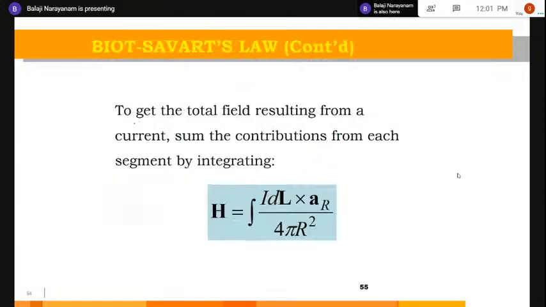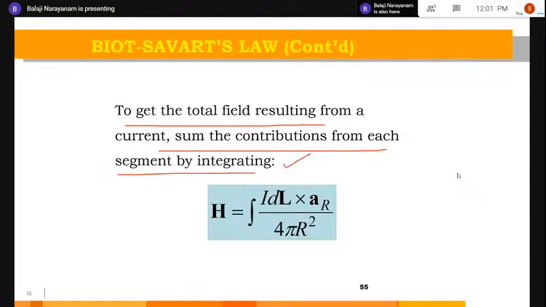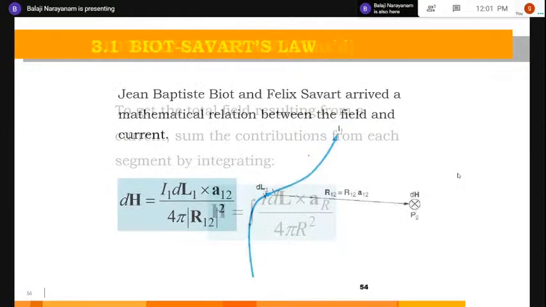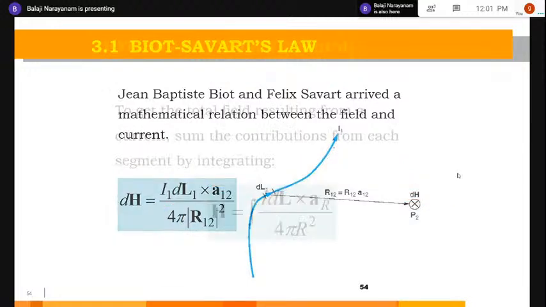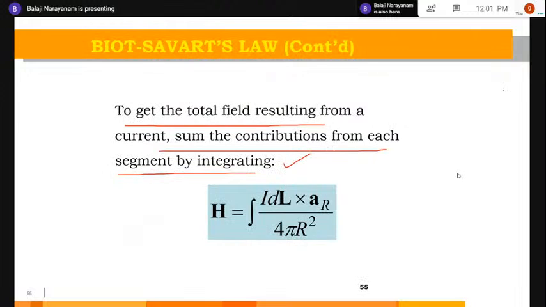To get the total field resulting from a current, we need to sum the contributions from each segment by integrating. If you take this entire length as L1, you may subdivide it into differential lengths dL1, dL2, dL3 and so on up to dLN, various N differential lengths.